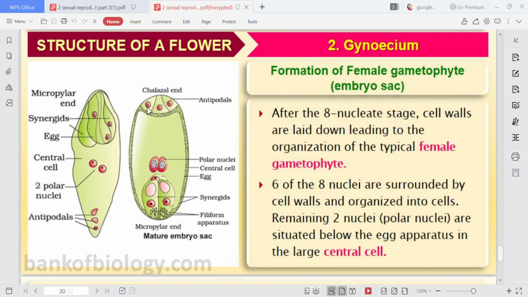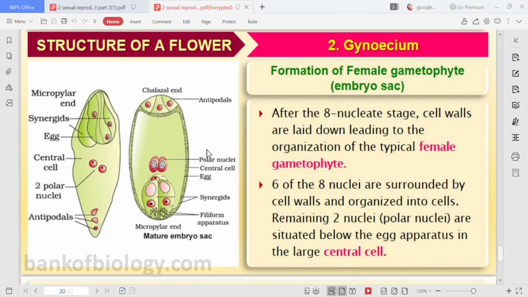You see 1, 2, 3, 4, 5, 6, 7, 8. So this is the stage when an embryo sac is mature. It is having 7 cells but 8 nuclei. Remember this, when the embryo sac is mature, it is having 7 cells but there are 8 nuclei.